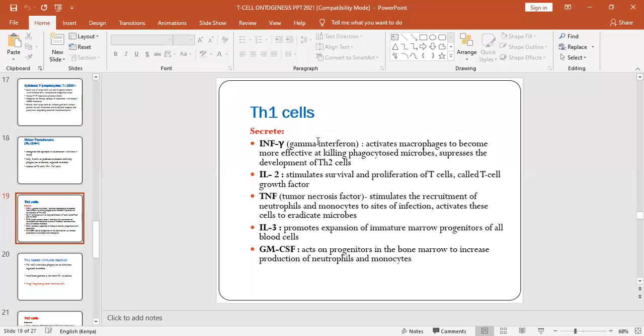And lastly, we have the granulocyte monocyte colony stimulating factor that usually acts on the progenitors in the bone marrow to increase the production of neutrophils and monocytes. So you can appreciate that as blood development is an ongoing process, the T helper cells have a role to play, even in the generation of other immune cells, especially whenever there is infection.